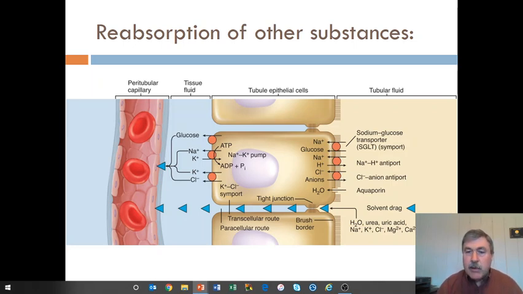So basically, reabsorption of most all other substances in the proximal convoluted tubule occurs via cotransport, utilizing that sodium gradient that's caused by active transport of sodium. So sodium pretty much drives the reabsorption of just about everything else that's reabsorbed by the proximal convoluted tubule.